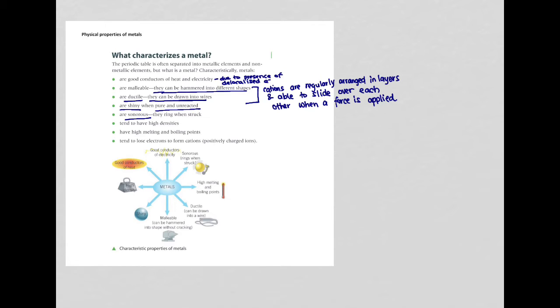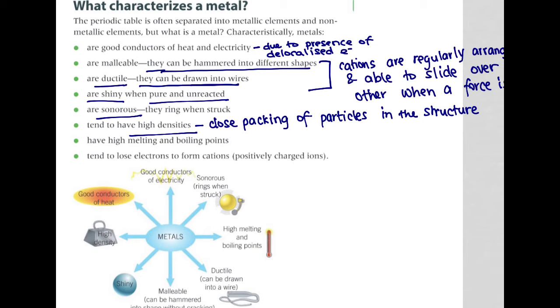They have high densities because the cations are very closely packed, and there is strong force of attraction between the cations and the delocalized electrons, which means that there is a large amount of mass concentrated in a small volume. They also have high melting points and high boiling points. This is because of the strong electrostatic forces of attraction.